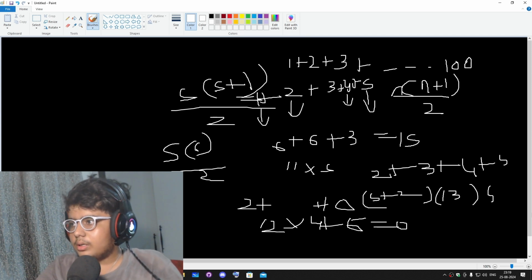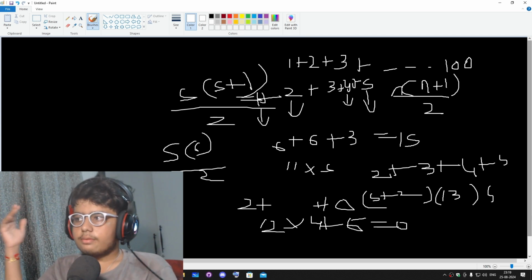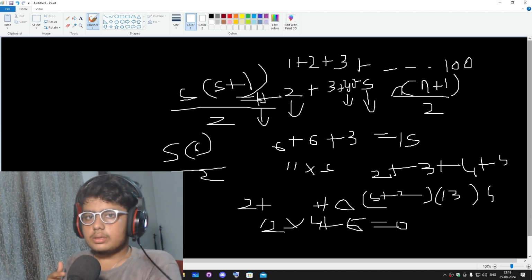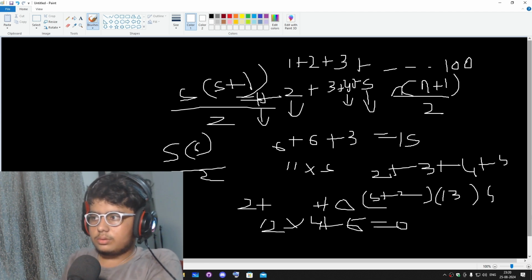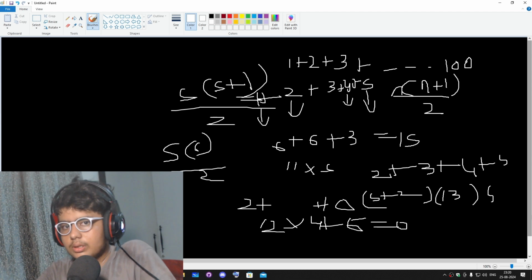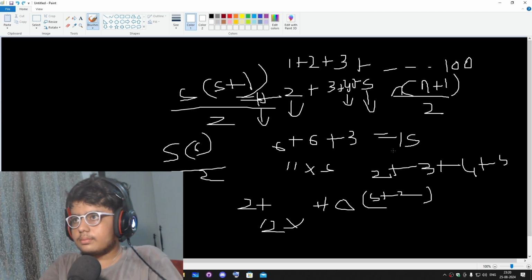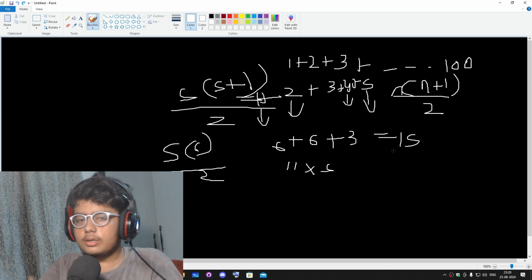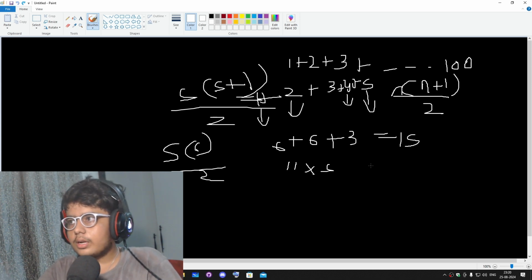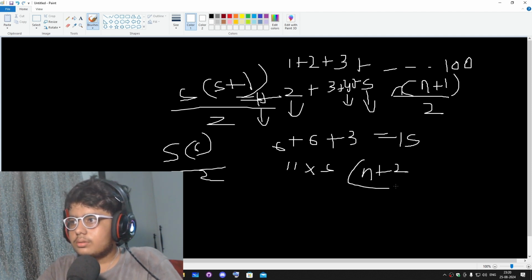Okay, I got it. At that time I got this logic that we are adding plus 2 to this number and minus 1 to that number. I got this formula, and I thought that I had derived this formula myself, but it was not like that. So I got this: (n plus 2) into (n minus 1) by 2.